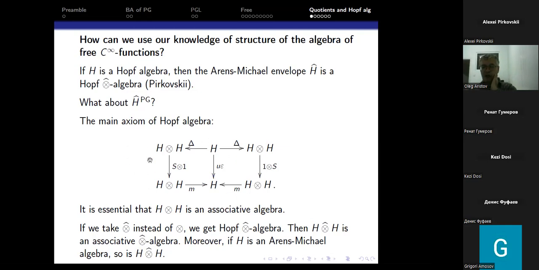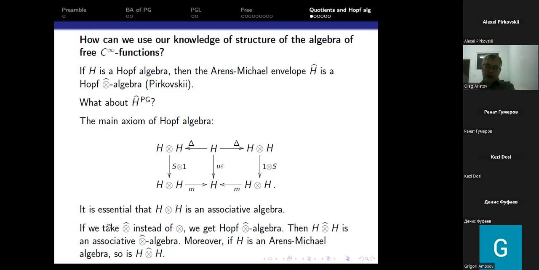I recall the main axioms of a Hopf algebra. So here delta means comultiplication, S is the antipode, M is multiplication, U is the unit, epsilon is the counit. But in this diagram, it's essential that H times H is an associative algebra.